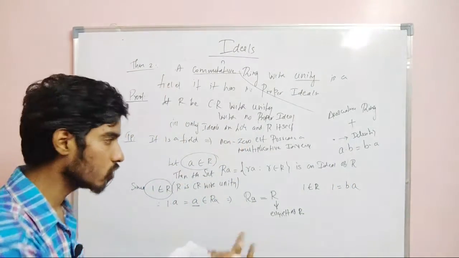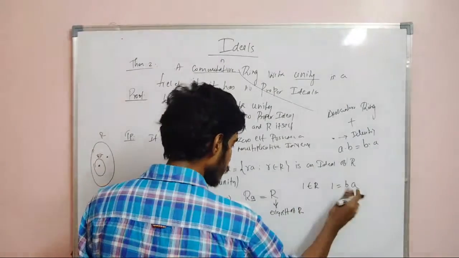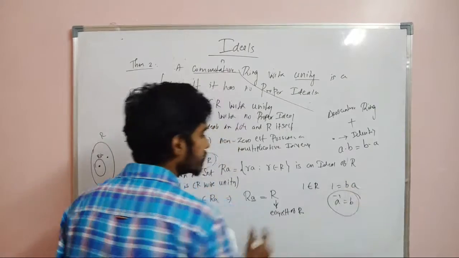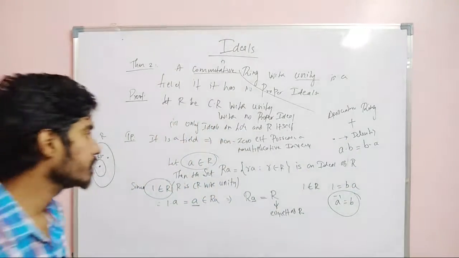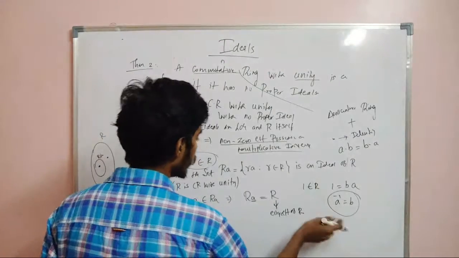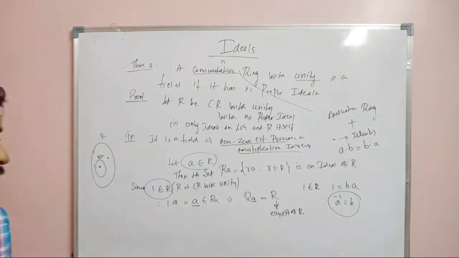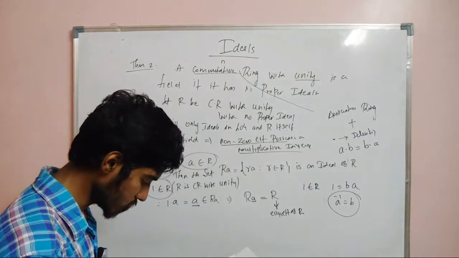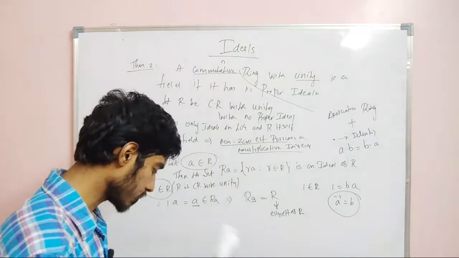Therefore 1 equals B into A, which means A inverse is equal to B. Therefore it possesses a multiplicative inverse. We needed to show that every non-zero element has a multiplicative inverse. So we have proved that B is an inverse for A, right? Therefore R is a field.